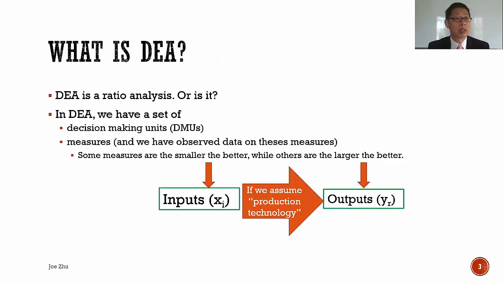So let's talk about what is DEA. If you've been working on DEA, you probably know DEA is just a ratio analysis. Or is it? What is it, right? So some of the basics here in DEA, we have a set of DMUs, or decision-making units.